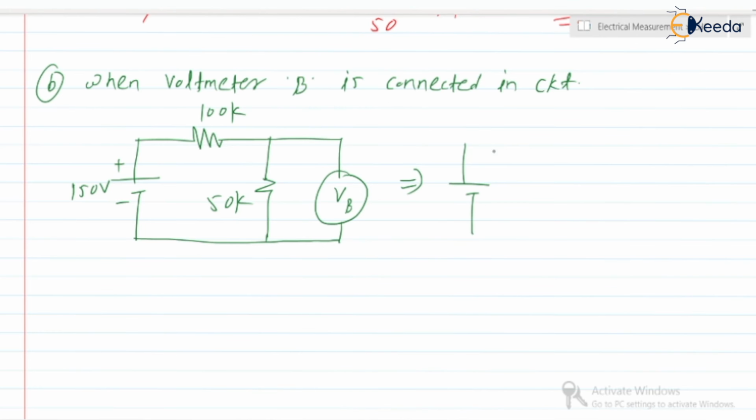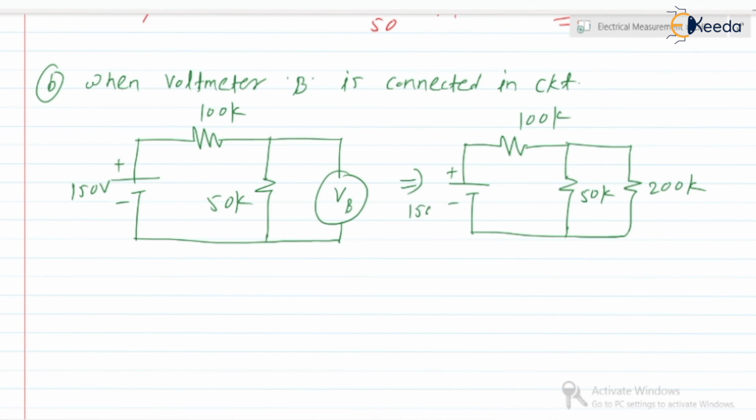Yes, so we can draw it like this, replacing it with 200k. This is 50k, and here it is 100k. This is 150 volt.